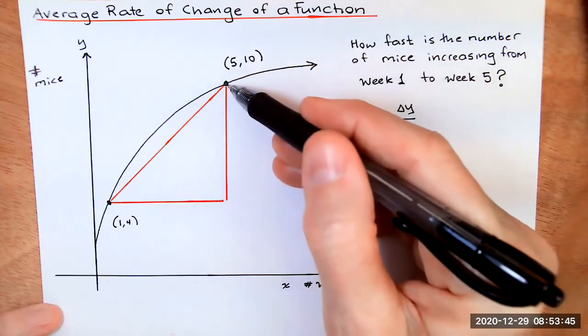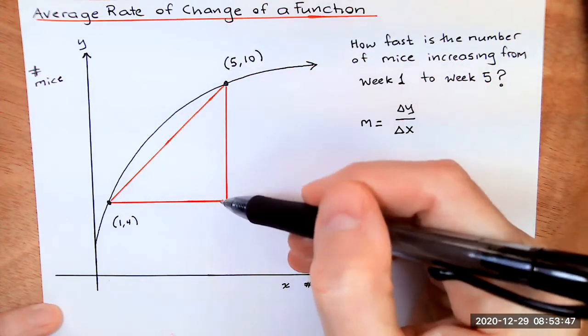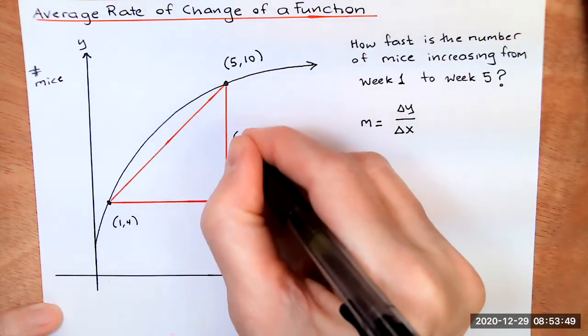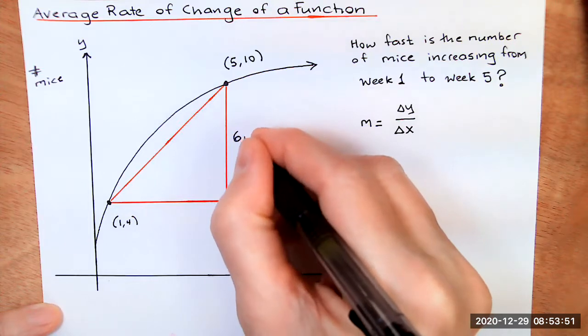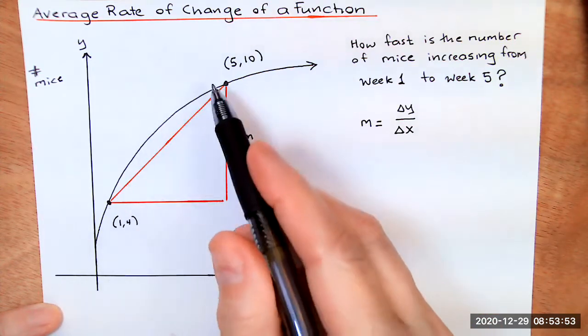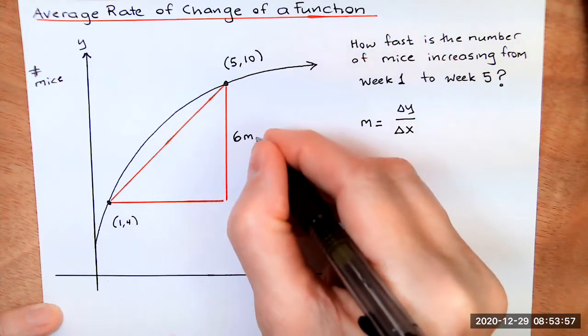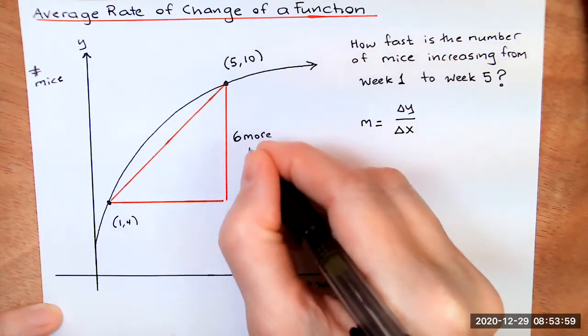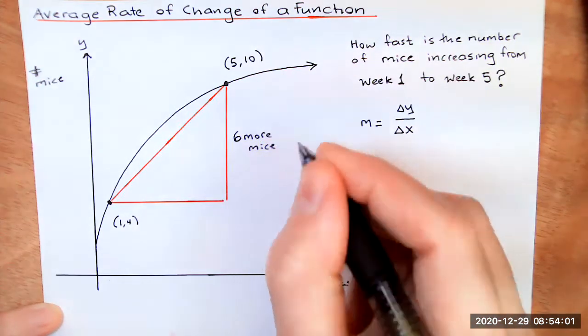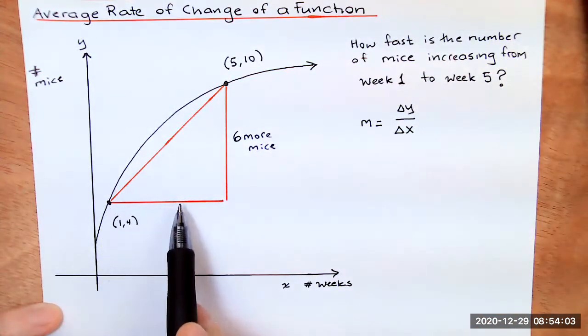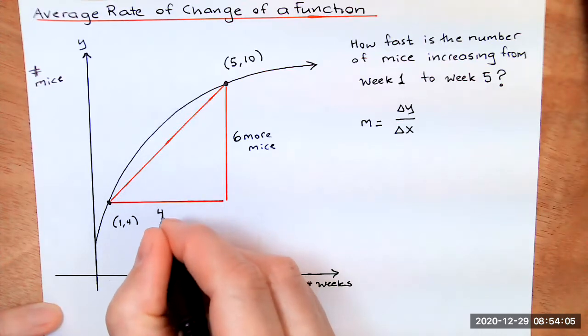Well, the change in y is 10 minus 4, or 6. So during that 4-week span, they got 6 more mice. And that was over a span of 4 weeks.